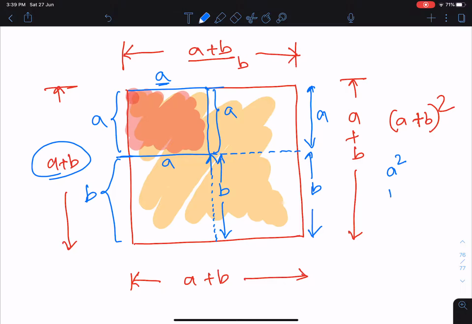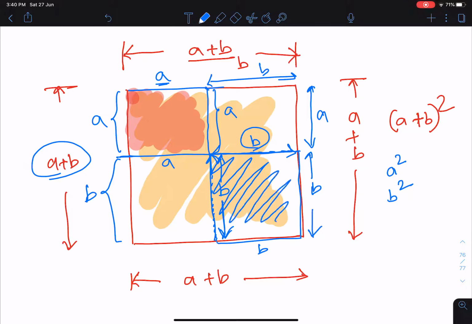Because this length is b, as we know, so this will be b, and this we all know is b, so it is a square with sides of length b, so that area will be b square.